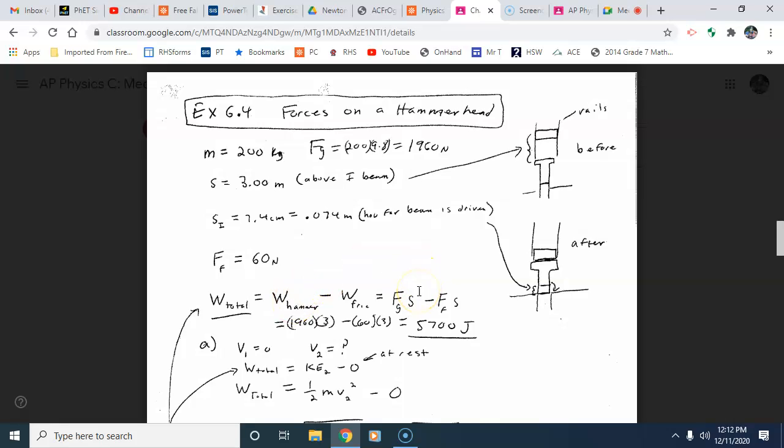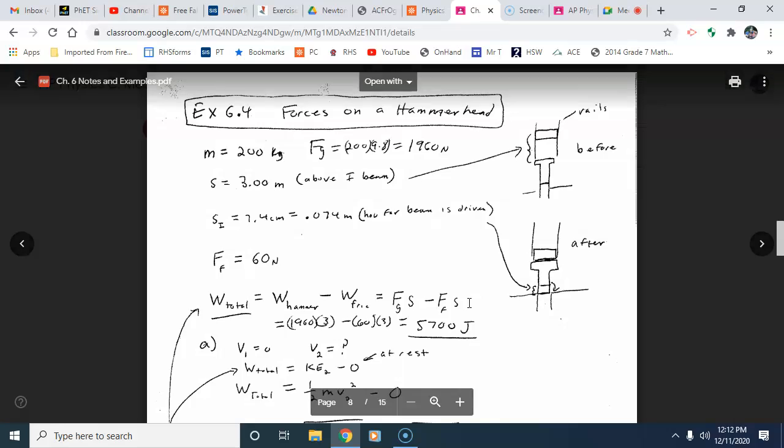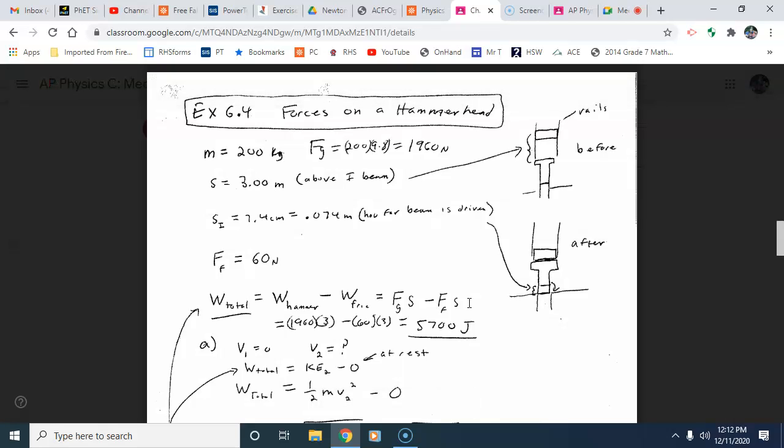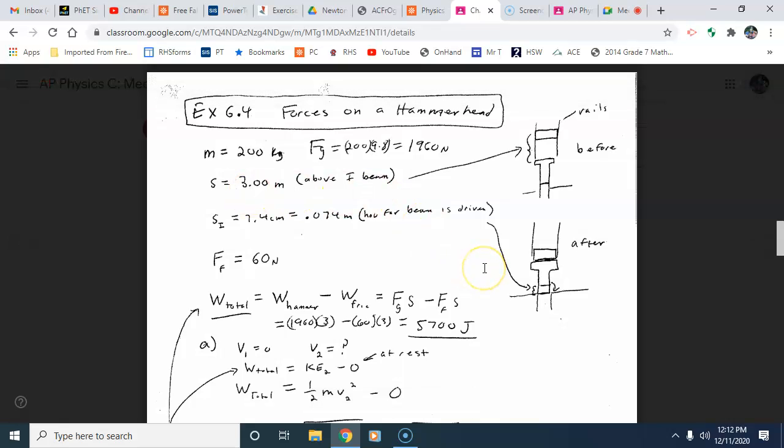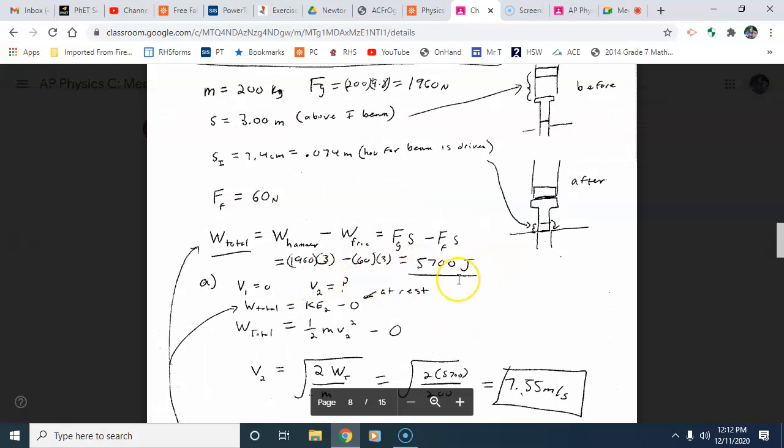But friction is acting on the hammerhead as well, but the friction is opposing it, right? It's on the same axis, but it's opposing the displacement, so we put a minus in the total because it is a negative amount of work times the same displacement, because the whole time it falls, it's feeling those effects of friction. So the work total, we have enough to figure out.